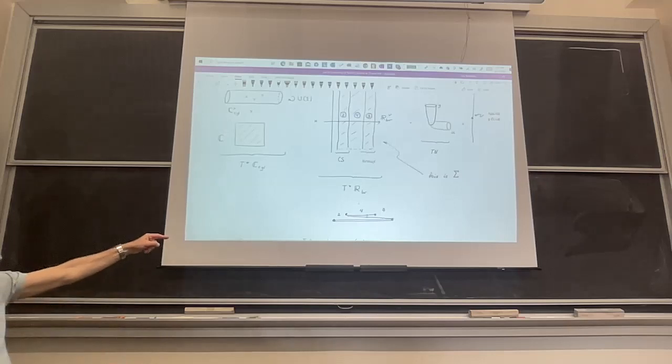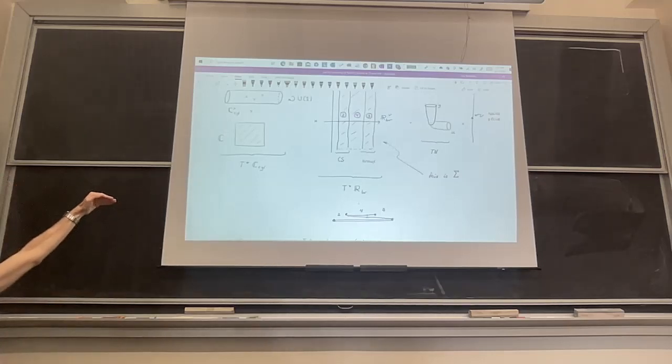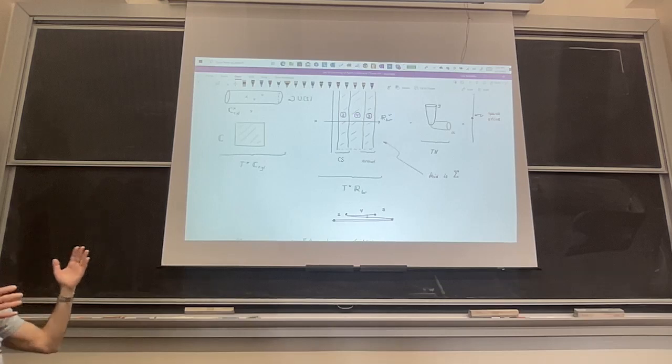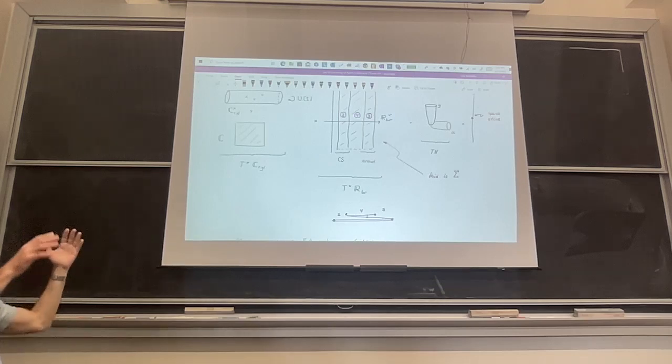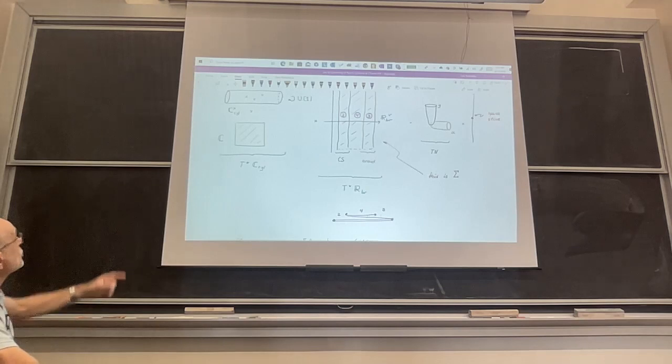So here I gave you a picture. These are M2s, yes. That's the projection image of the M2. So M2 is a three-dimensional object in that M11. These points are supposed to be very close to each other, by the way. The braid is supposed to be very tight.